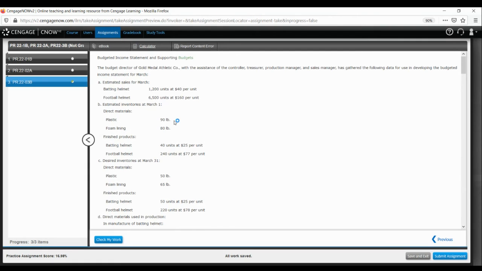Again, the beginning inventory for plastic was $540, 90 pounds times $6 per pound. Your foam lining is going to be 80 pounds times $4.